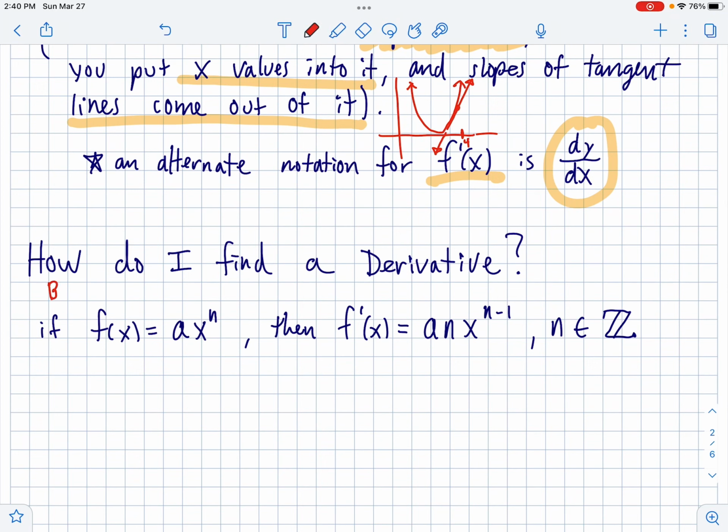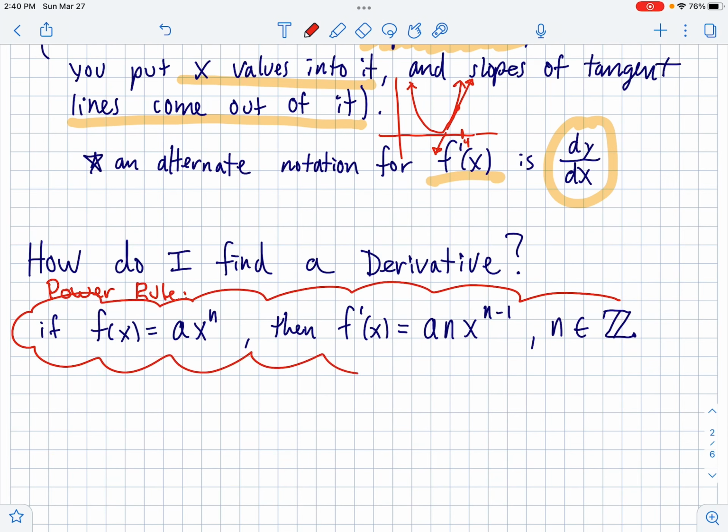Now, the big tool we're going to be using today is called the power rule. This is the power rule for taking derivatives. If you have a function in the form of ax to the n, then that little n comes out in front.